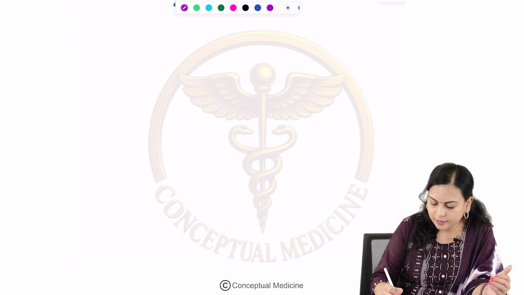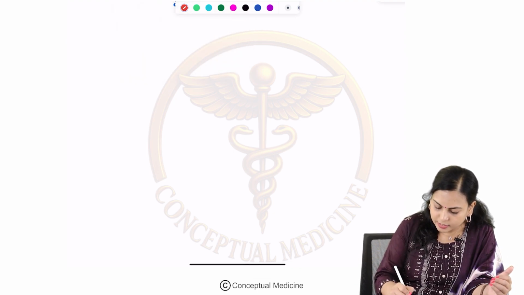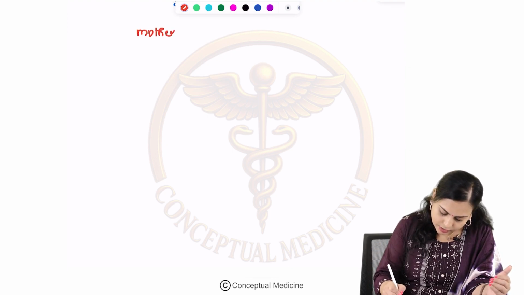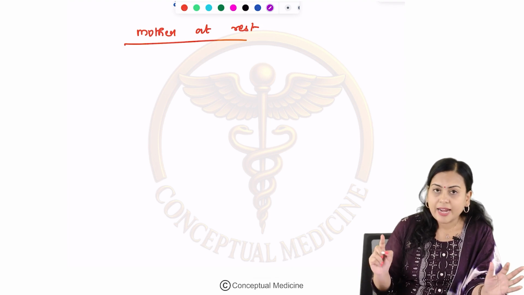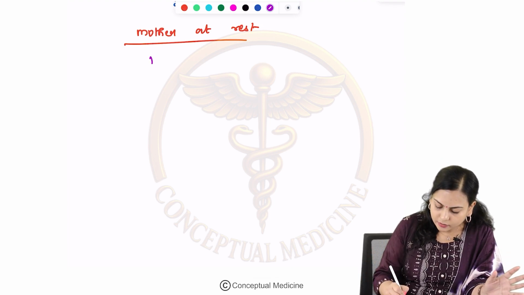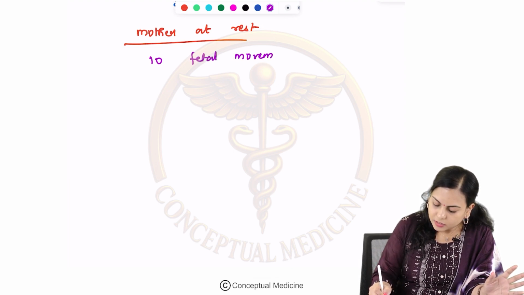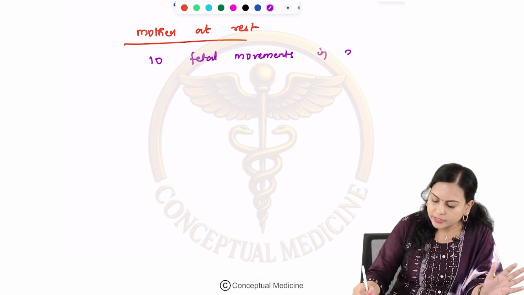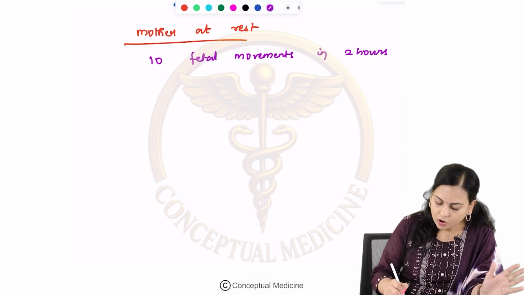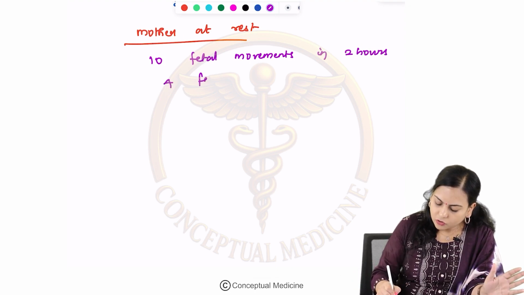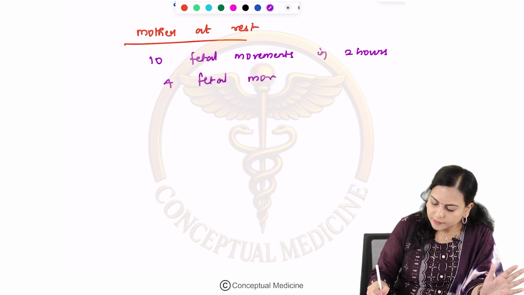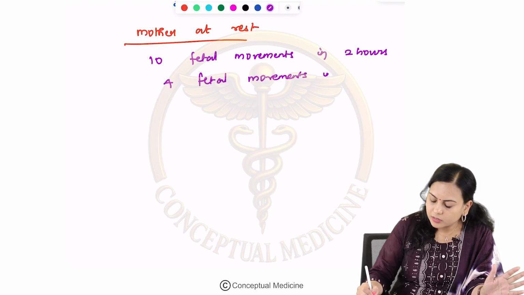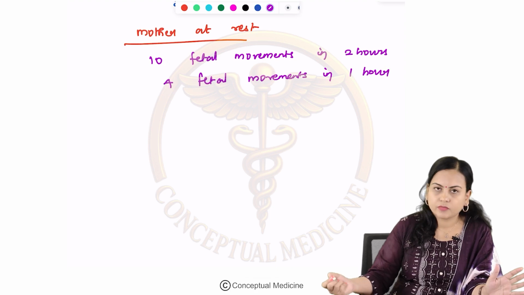Yes. Now, how much movements a mother can perceive? See, let us take the mother is at rest. Okay. Suppose the mother is at rest. Then, ideally, she should perceive 10 fetal movements in 2 hours. Okay. Or at least 4 fetal movements in 1 hour. Clear?